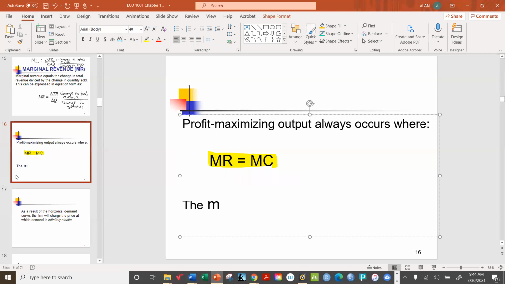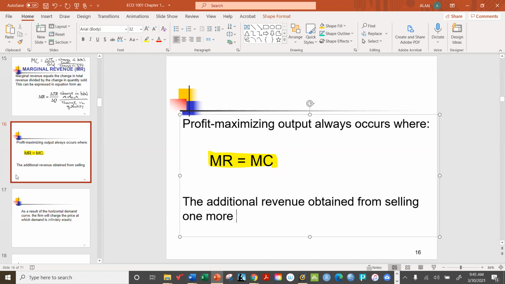What this means is that the additional revenue obtained from selling one more unit of the good equals the additional cost of producing it.